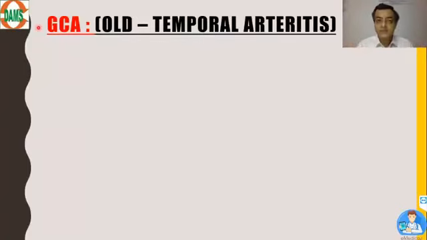But many times in the rush to read the topic, we forget to read the basics about the topic. We directly read the topic. Giant cell arteritis is a famous disease, and temporal arteritis is a common short answer question. We might have studied this, but today we have started with our classification first.